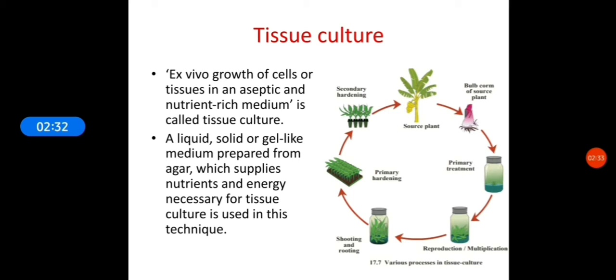After that, it is followed by the primary treatment, then multiplication, shooting and rooting, that is formation of the shoot and root in the laboratory, then primary hardening, means transferring the plantlets into the trays, and finally the secondary hardening where the plants are ready to be grown into the soil. So this is all about the tissue culture.